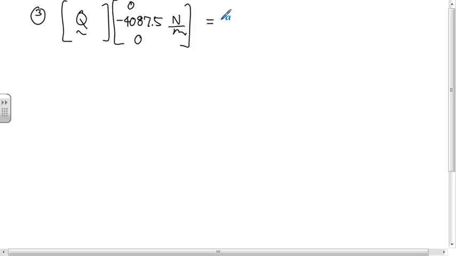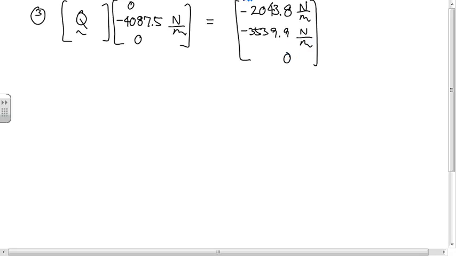And we get a distributed load of negative 2,043.8 newtons per meter, negative 39.9 newtons per meter, and then 0.